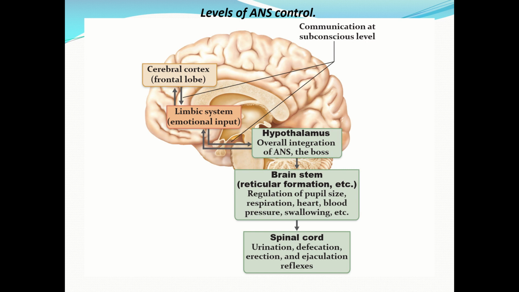So here we see the hypothalamus, overall integration of the autonomic nervous system, aka the boss. The brainstem, including the reticular formation, etc., medulla oblongata. So there's some regulation of pupil size, respiration, breathing rate, heart rate, blood pressure, swallowing, etc. And then the spinal cord, urination, defecation, erection, and ejaculation reflexes.